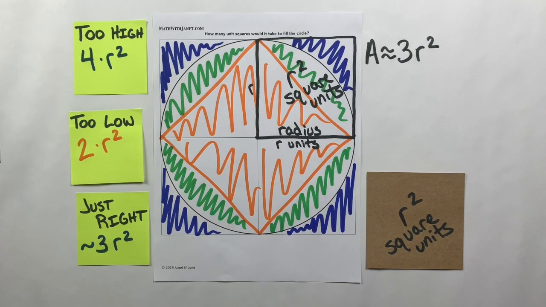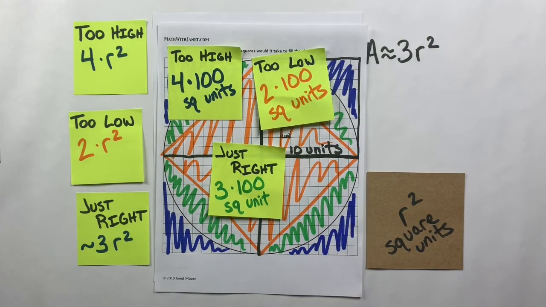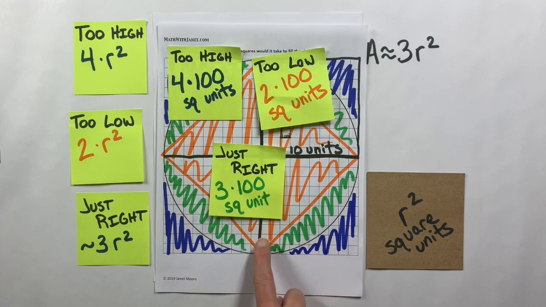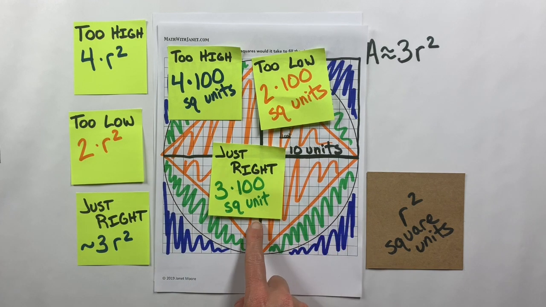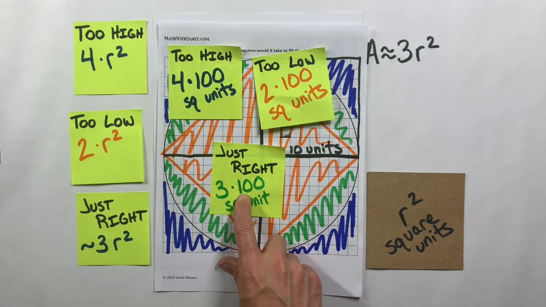If you want to at this point, you can bring back our small grid and bring back some of the student estimates, especially if they did a really good job of counting with that smaller grid and if they confirmed that it ended up being a little bit more than 300 square units.